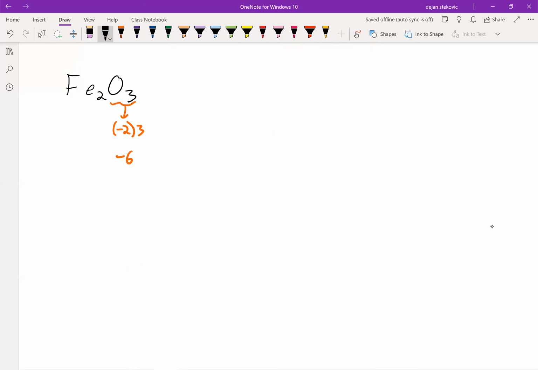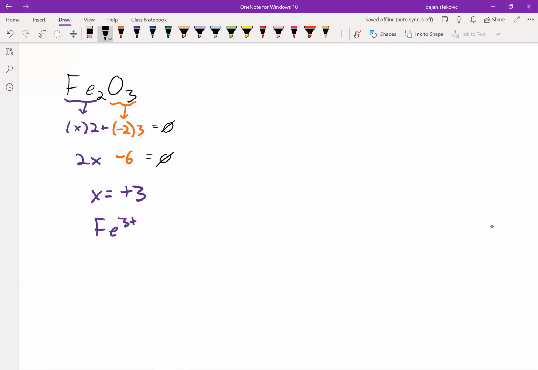Again, we know that the overall charge of the compound is 0, so the charge of the iron must cancel this out. There's 2 irons, and what we want to calculate is our charge, so we'll call that X. So we have 2x minus 6 equals 0, and then you can do the math there yourself. You'll end up with a +3. So in this case, this is an iron 3+ ion, but it can be all kinds of different things.